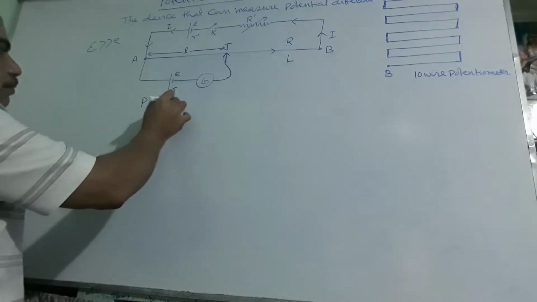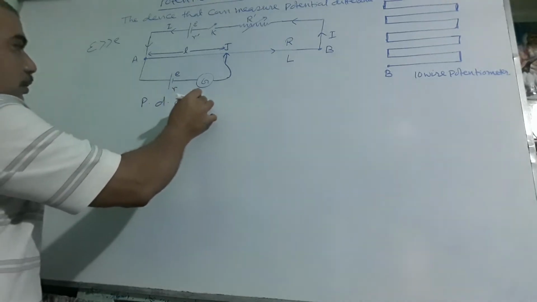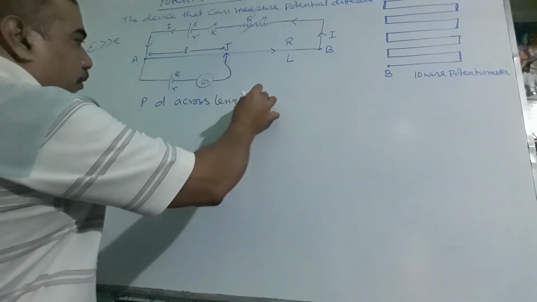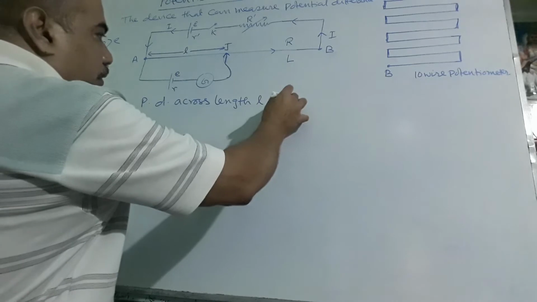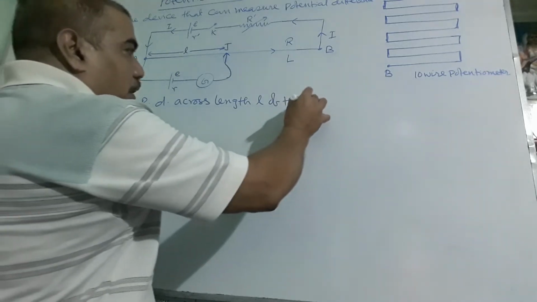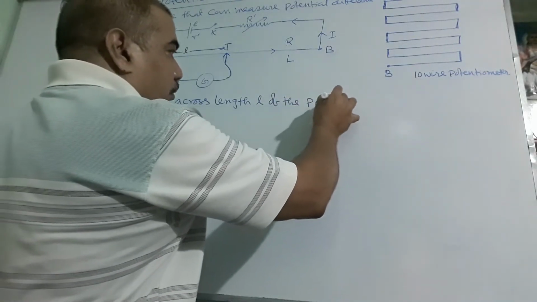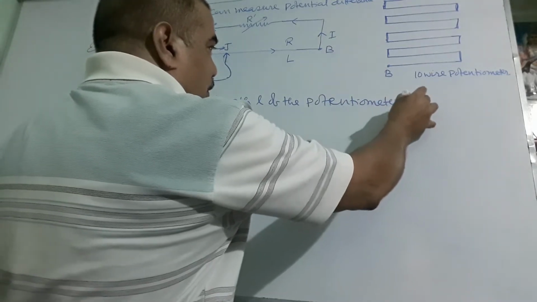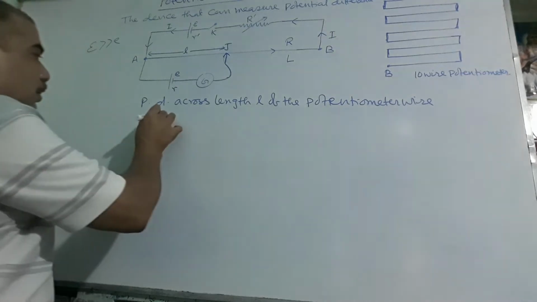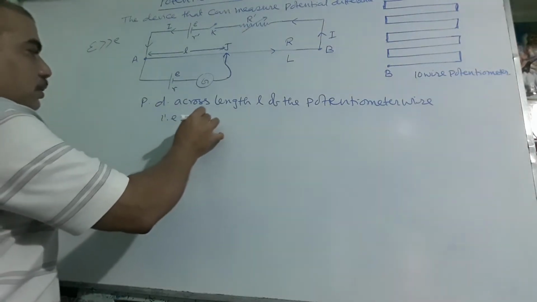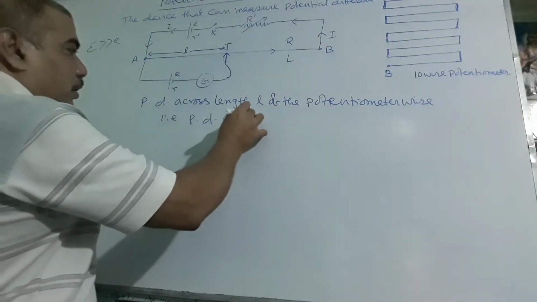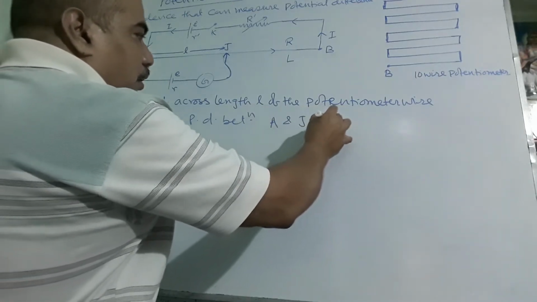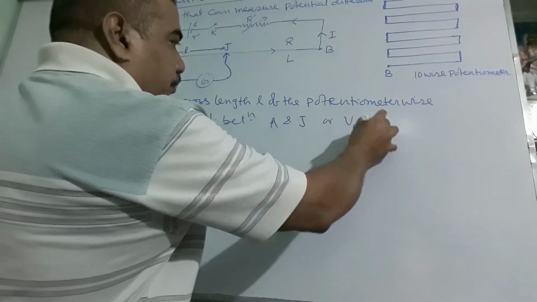So potential difference across length L of the potentiometer wire, that is the potential difference between A and J, or this VA minus VJ.